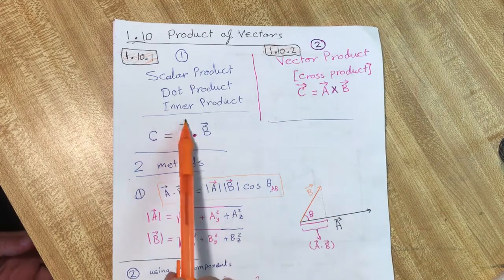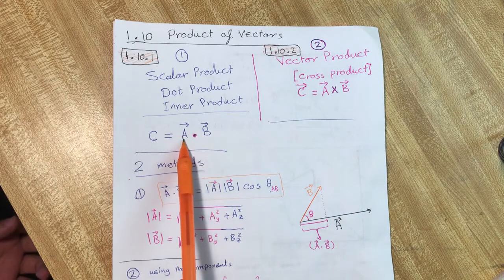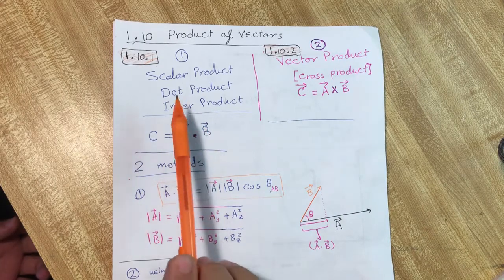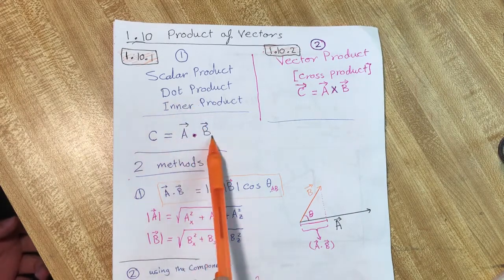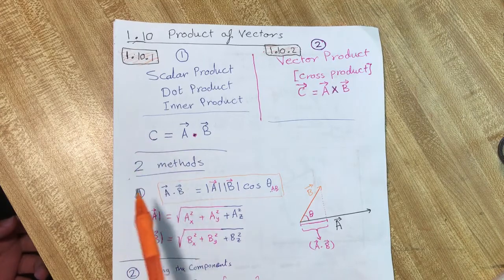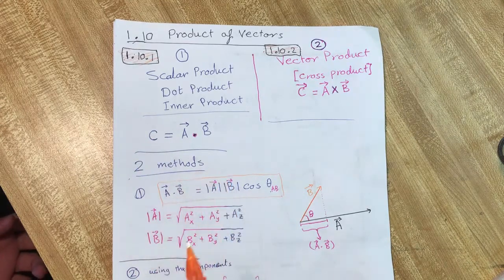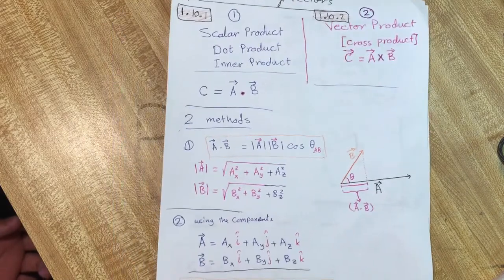Now we will talk about scalar products. The scalar product A dot B, or dot product, is a scalar, it is just a number, which is C, it is not a vector. We have two methods to find the dot product.